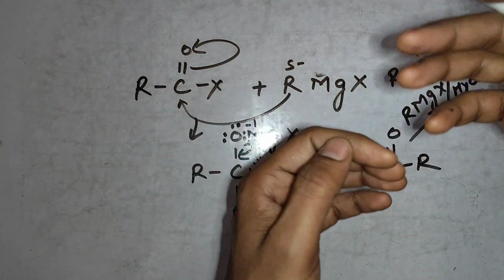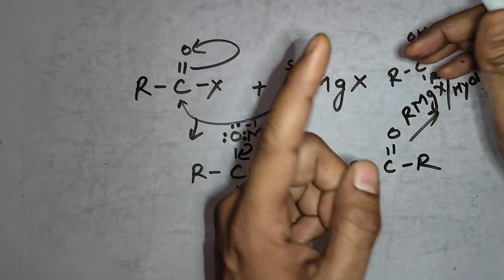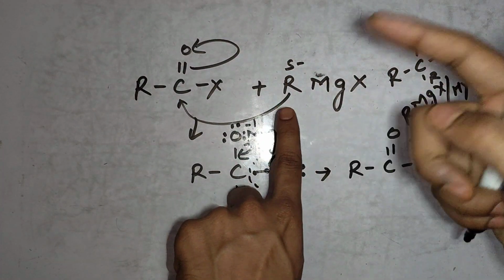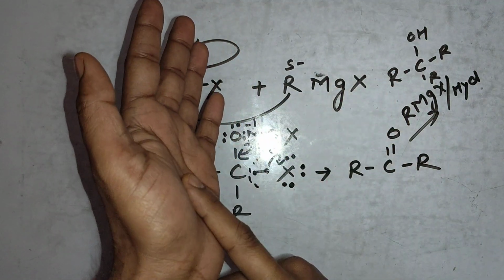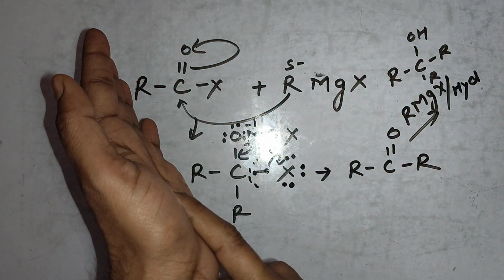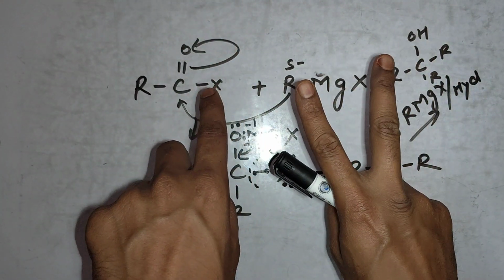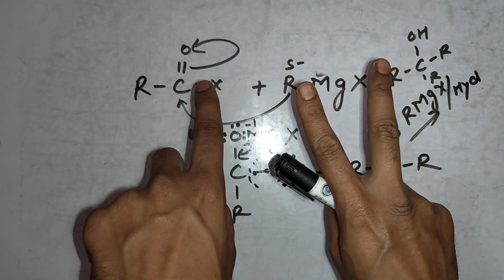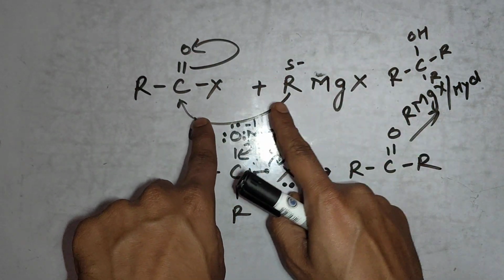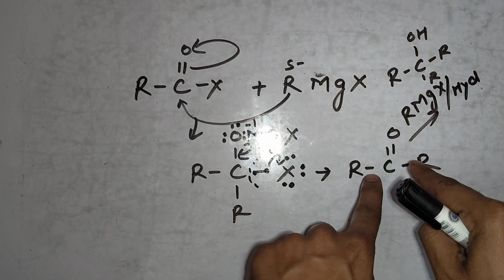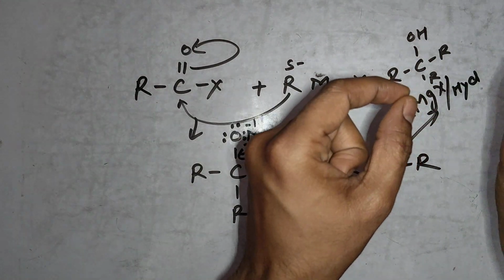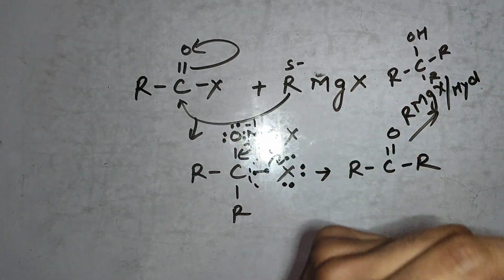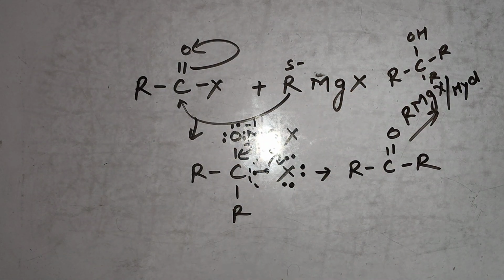So aldehyde and ketone will react with 1 particle of RMgX followed by hydrolysis to give you alcohols. But ester, anhydrides and acid halides require 2 moles of RMgX, because with the first mole it will give you ketone and the ketone will react with the second RMgX particle to finally give you alcohol, which will be a 3-degree alcohol. Now let's solve some reactions.